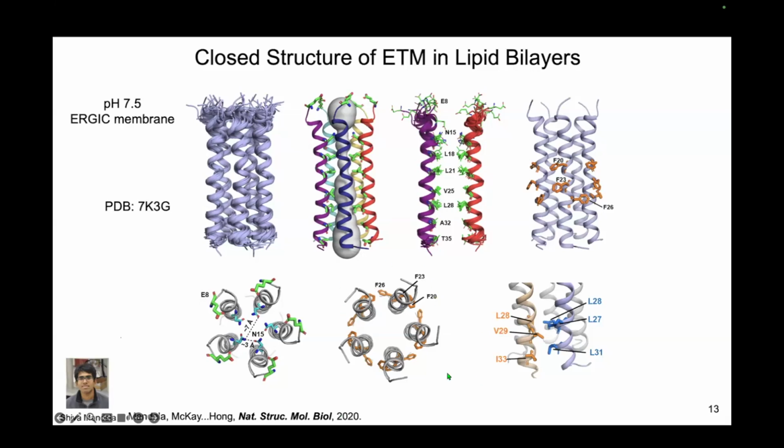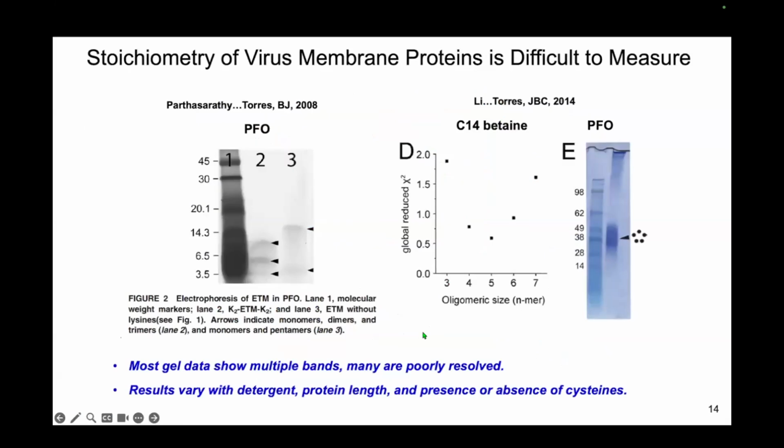We think that this configuration will stabilize the helical bundle. And we have further experiments that show that under different conditions, for example going to low pH, adding calcium, these side chain conformations will change and potentially loosen this middle portion of the helical bundle, which may then support ion conduction. So this is the first structure.